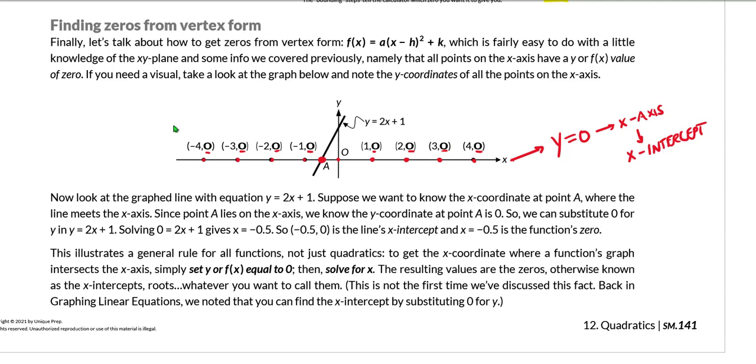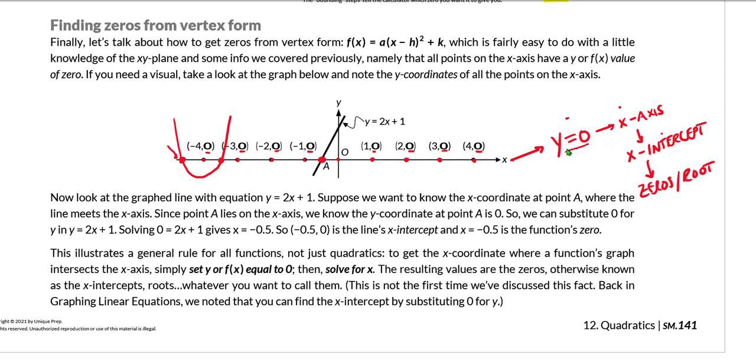So in the case of a quadratic that is graphed as a parabola, if we're talking about the points on the x-axis where y equals 0, we are talking also about the x-intercepts. All three of these things are so far synonymous. And remember that x-intercepts are also synonymous with our zeros or roots.